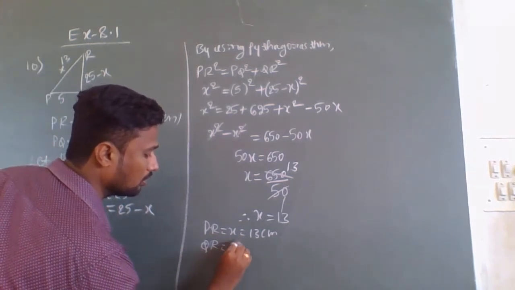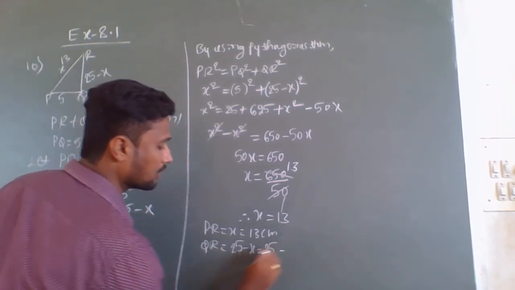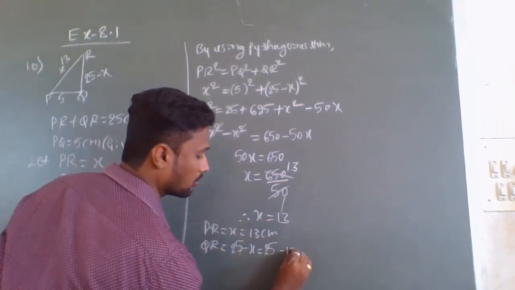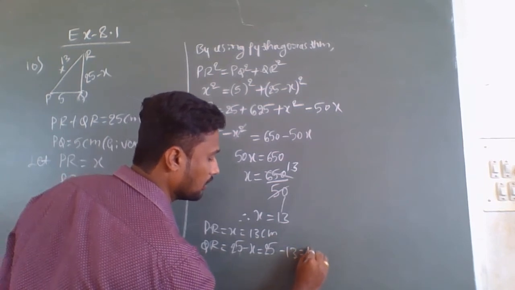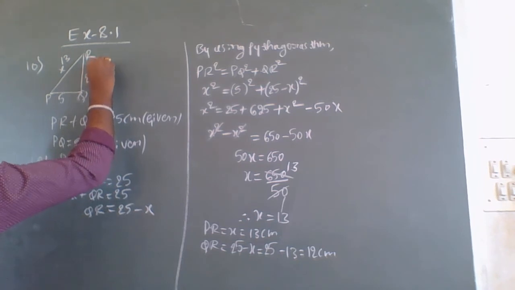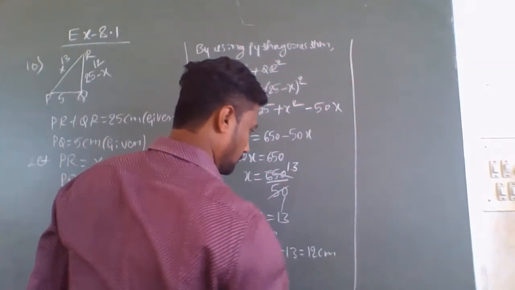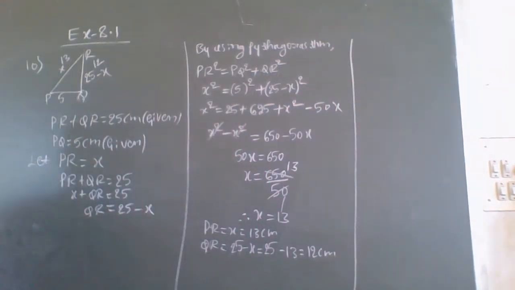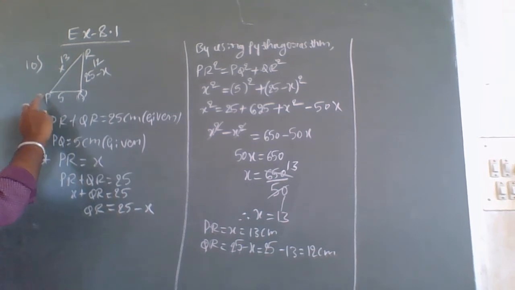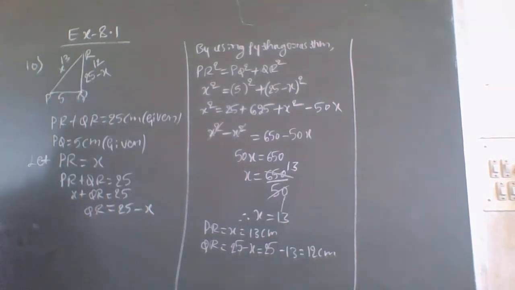The x value is 13, so 25 minus 13, what will we get? 12 centimeter. Okay. So now we got the values of all the sides. Here PQ is 5 centimeter, PR is 13 centimeter, and QR is 12 centimeter.